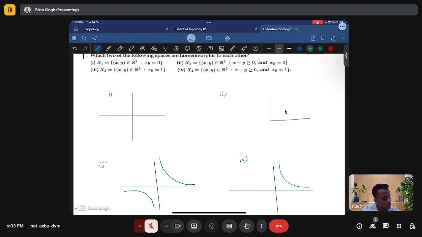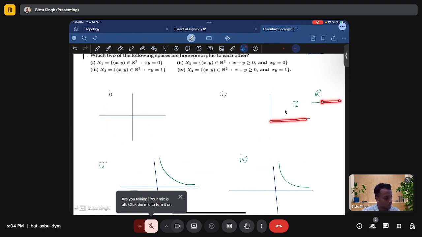We can see that this curve is actually homeomorphic to the real line, right? This is homeomorphic to R. How can you see this? Just take this as 0 to infinity and take the y-axis as negative 0 to infinity.